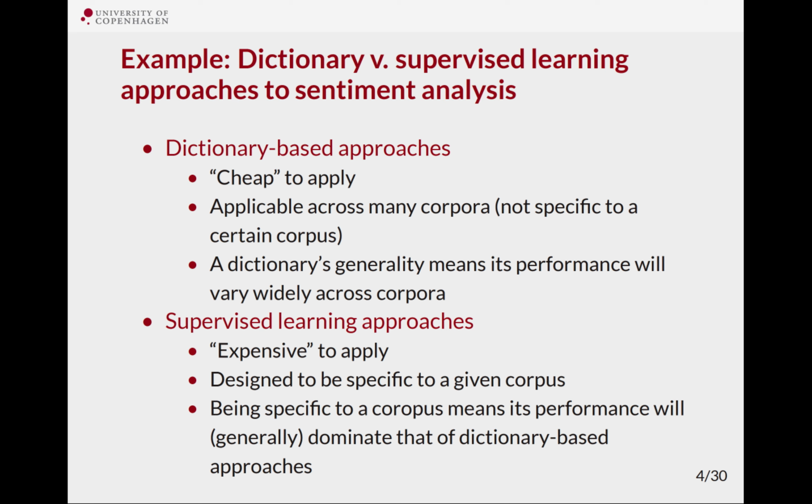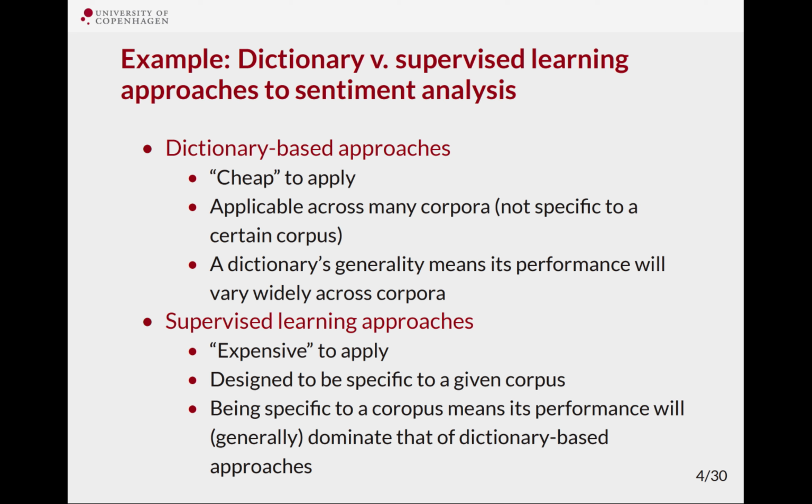But one of the really nice things about supervised learning approaches and this kind of approach of manual annotation is that it's designed to be specific to a given corpus. So if you have a set of tweets from politicians in Denmark, you can read maybe 10,000 of those tweets and annotate them for their sentiment, whether it's positive, negative, or neutral.